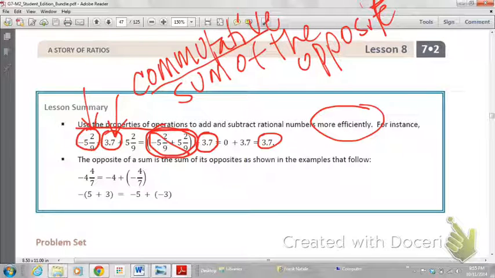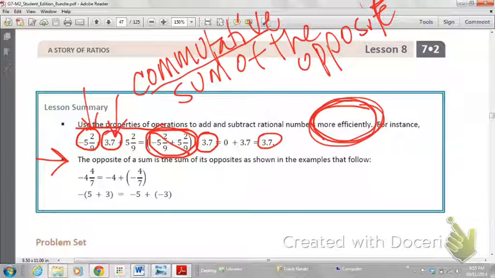Now the second one here, which I really like, probably new to most of you: the opposite of a sum is the sum of its opposites. Again, this will help you be much more efficient.